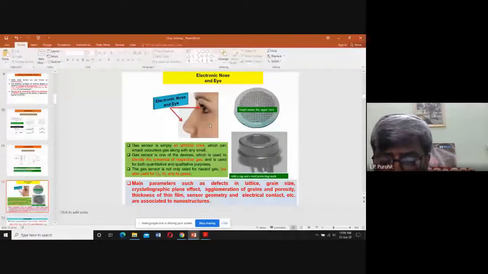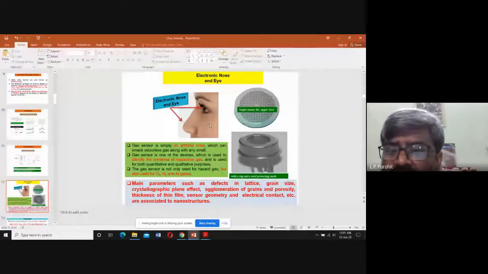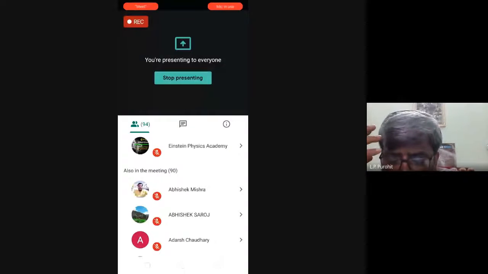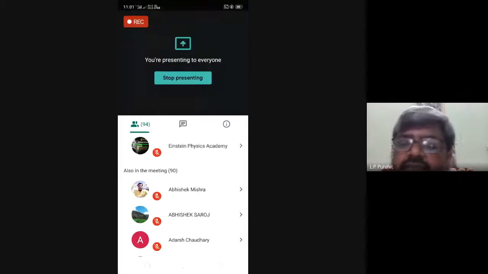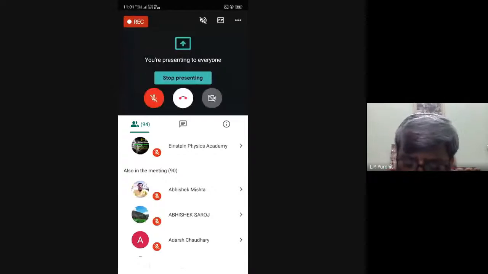But still, many of us do not have the capacity to identify the type or the concentration of the gas in the atmosphere. And this is where the sensors come into the picture.